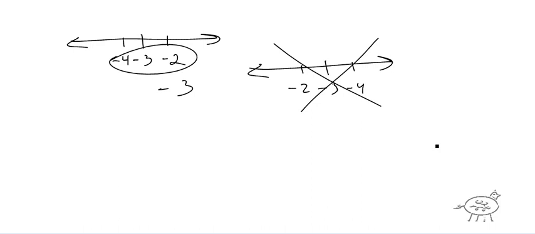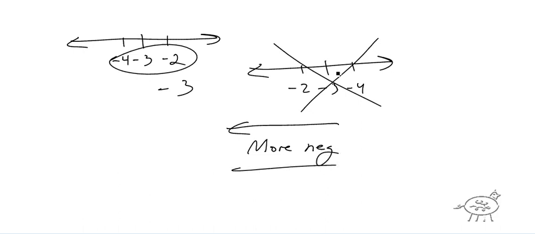Boo! That's really, really bad. It's nice when it's positive because positive numbers are easier to graph. But you need to understand, the more you go this way, the more negative it is. That's why this one's wrong and this one here is correct, because negative 4 is more negative than negative 3. Then comes negative 5, negative 6. That's how you graph these guys. And if you want to compare the numbers, let's look at negative 3 and negative 5.